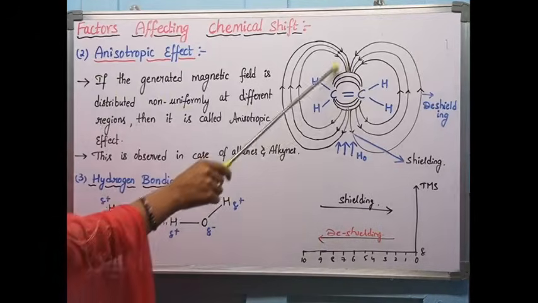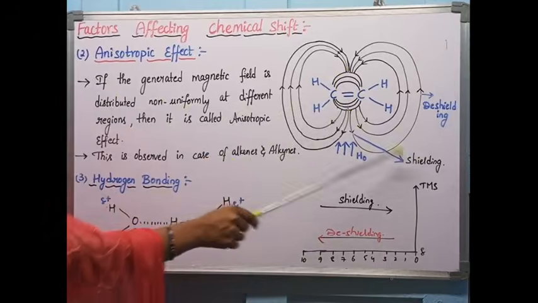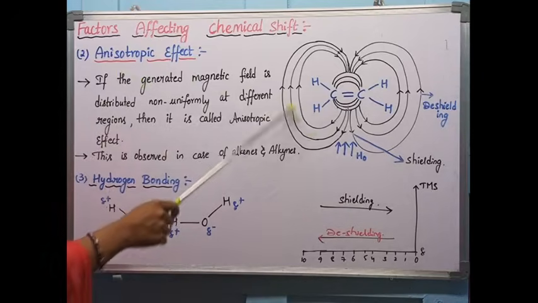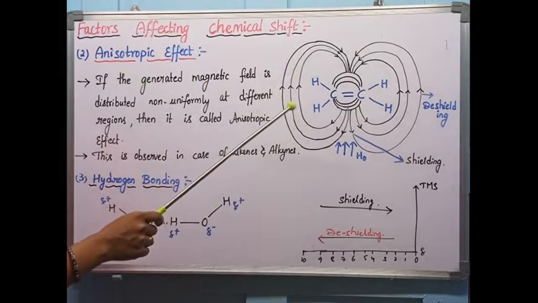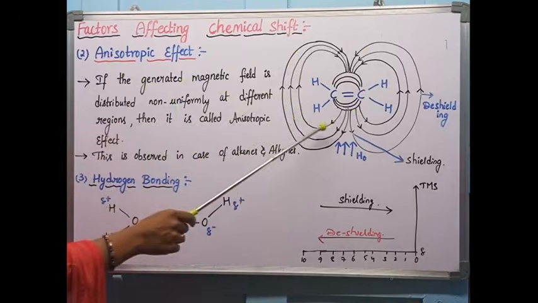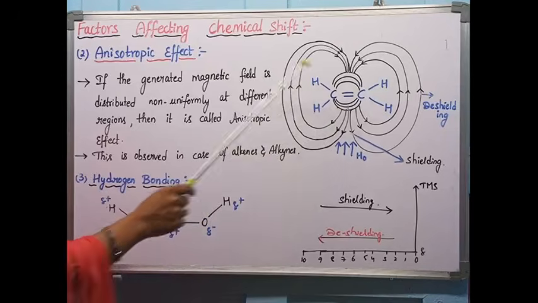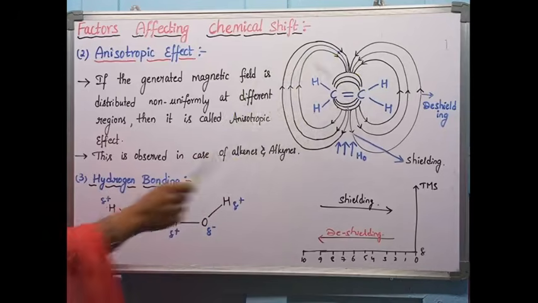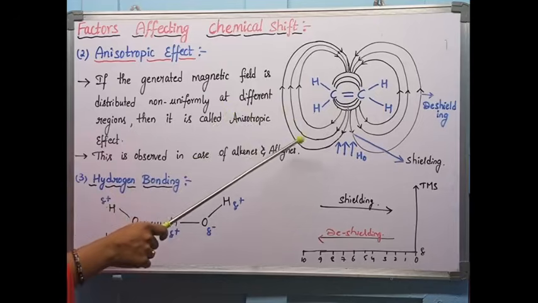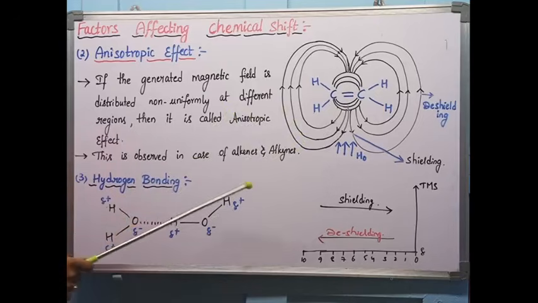And double bonds produce shielding and shift the NMR signal towards the upfield. So you can observe unequal distribution of the induced secondary magnetic field, that causes anisotropic effect in case of alkenes and alkynes. Because of anisotropic effect, it causes shifts in the NMR spectra.